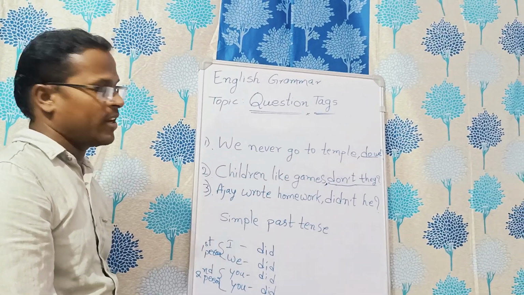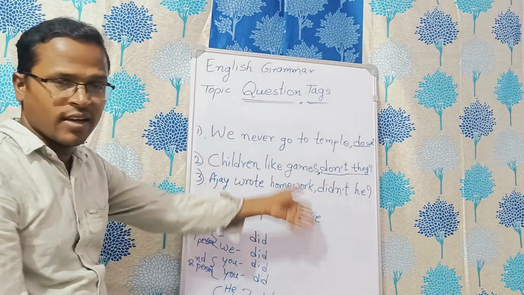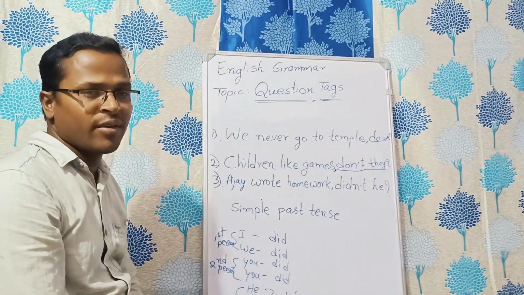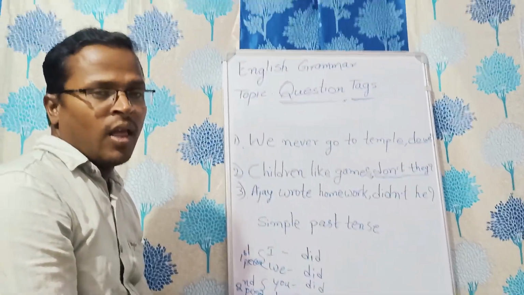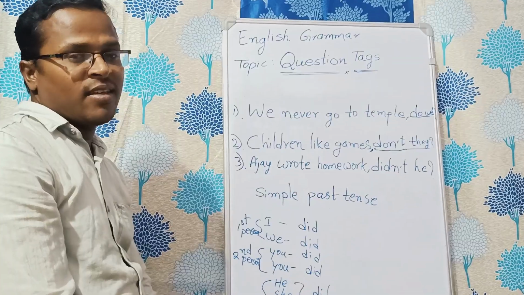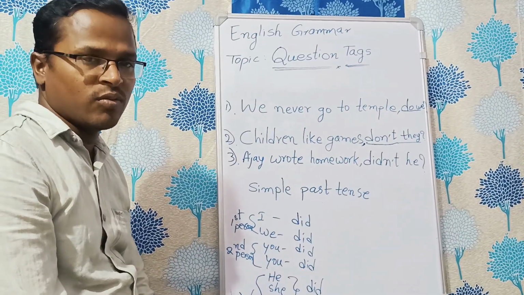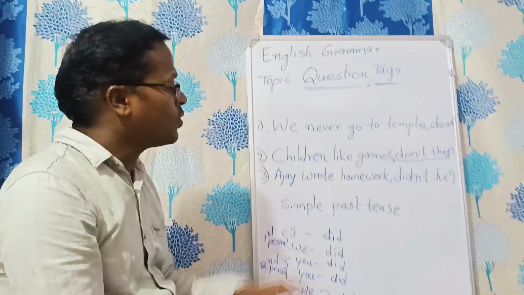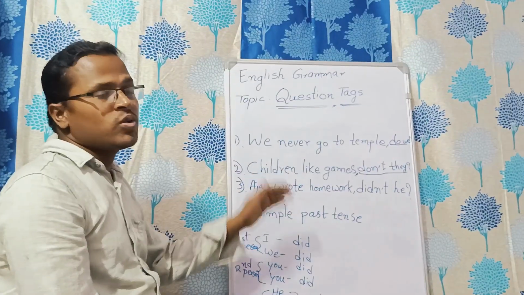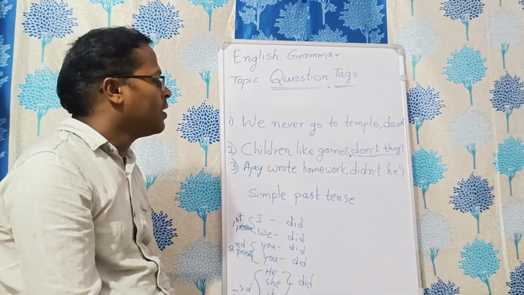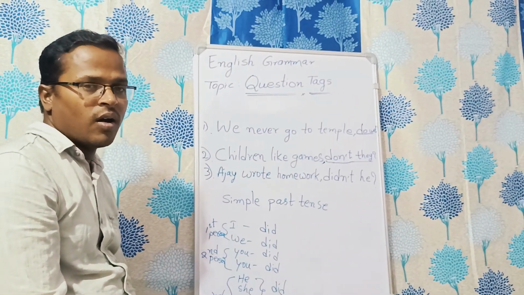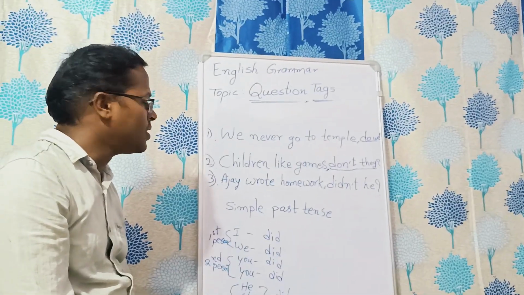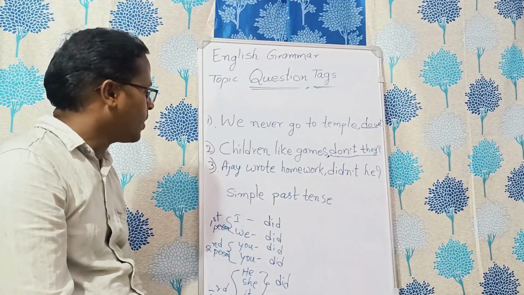So this is finding the helping verb in case of simple past tense and the earlier one, simple present tense. In simple present tense and simple past tense, they don't give helping verbs in the sentence. You have learned how to identify whether the given sentence is negative or positive, how to choose the helping verb, and how to change the noun into a pronoun.